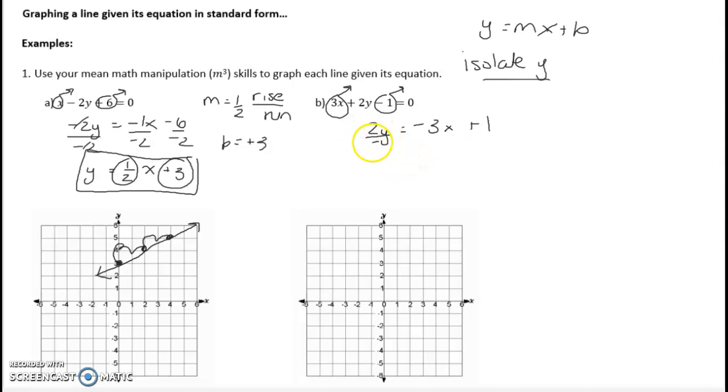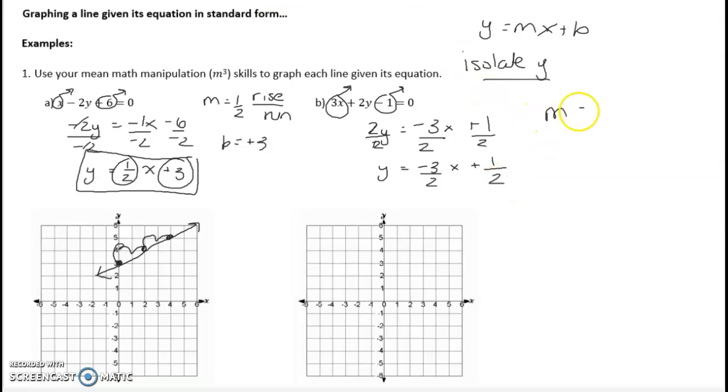So you divide by the number in front. So you divide by 2, divide by 2, divide by 2. 2 goes into 2 one time, so you're left with 1y. Negative 3 divided by 2 leaves you with the fraction, negative 3 over 2. And then 1 divided by 2, you have the other fraction, positive 1/2.